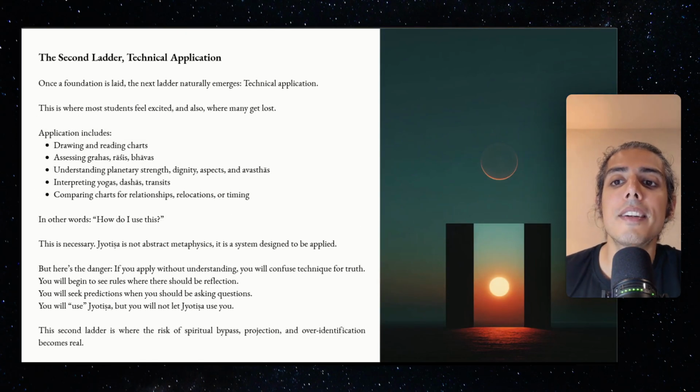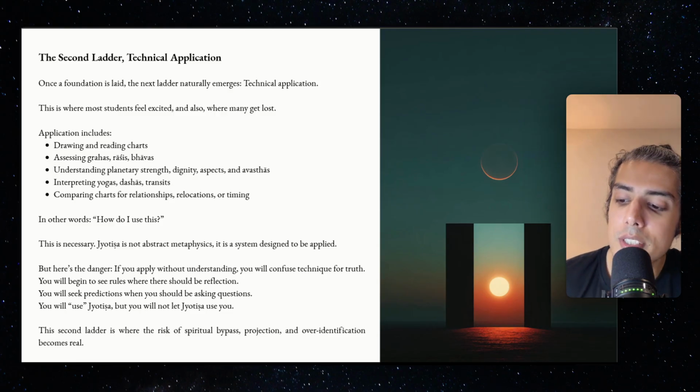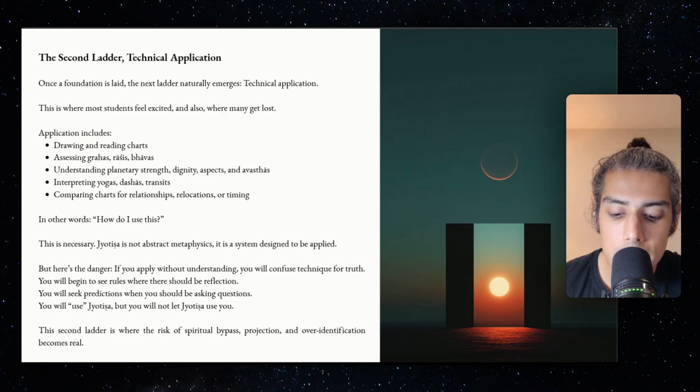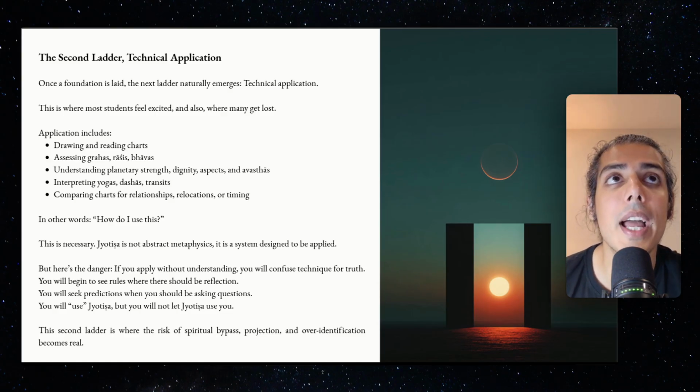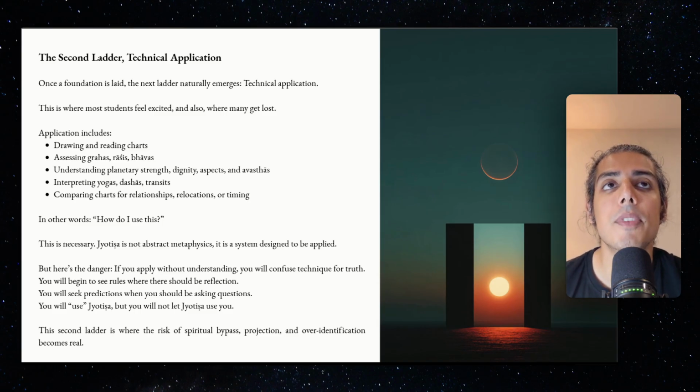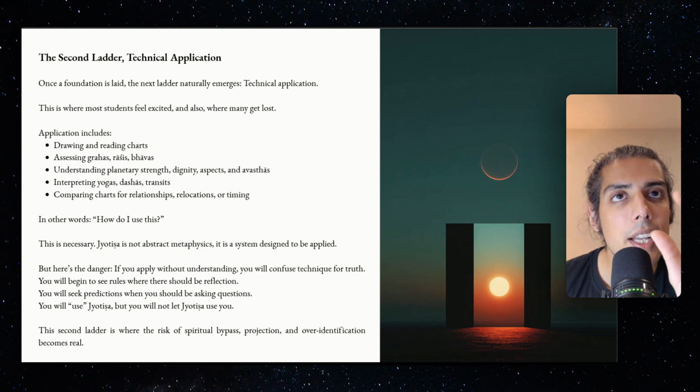So, the second ladder is technical application. Once a basic foundation is laid and some philosophical ideas have been cleared out, certain Ganit, mathematical parts, and astronomical ideas come in, but also applying those ideas starts. So the distinction between theory and technique is that it's interconnected.